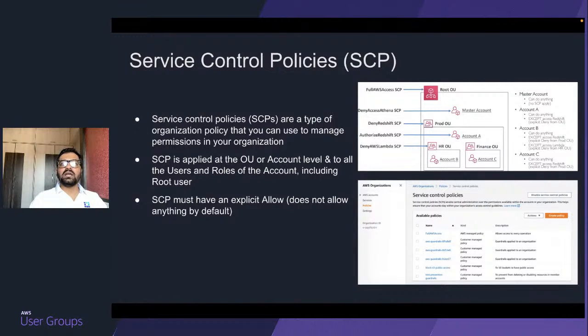For example, I've seen a couple of cases where people restrict access to a couple of services, if they haven't done proper sanitization of those services in their environment, they restrict them via SCP across all environments. One recent example I came across was an SCP applied to a specific role to not enable PrivateLink for a load balancer, across all the environments, not just dev and UAT, but even production.